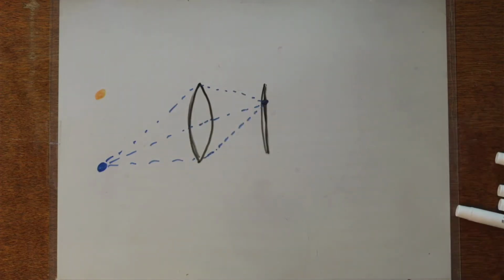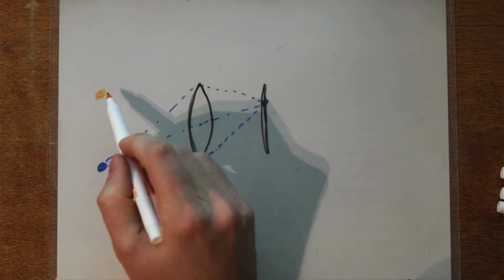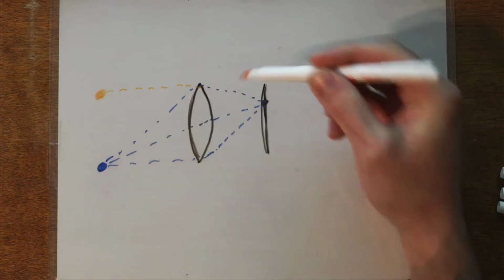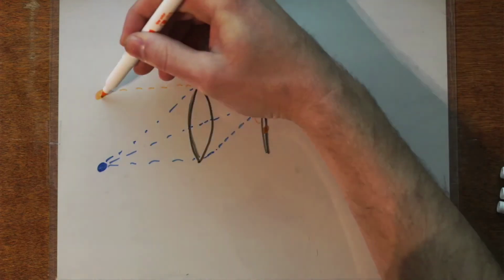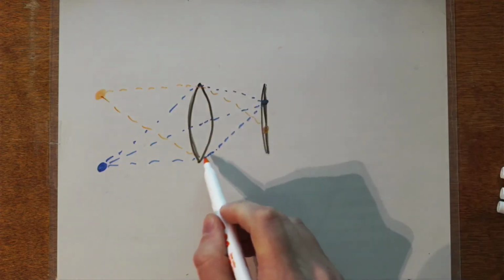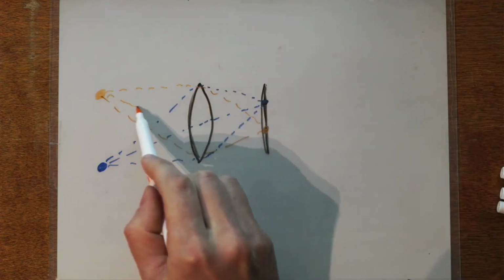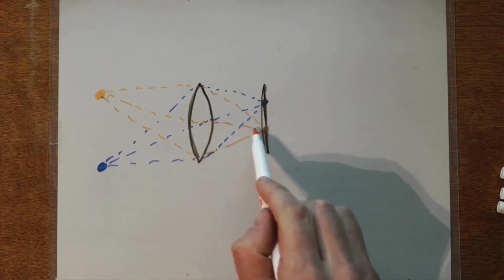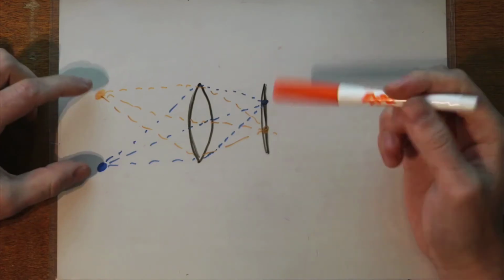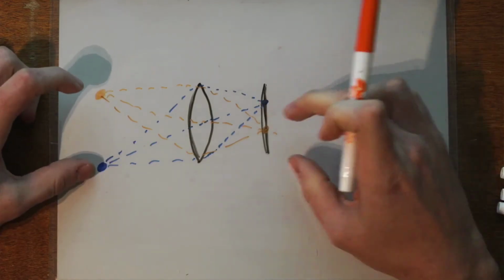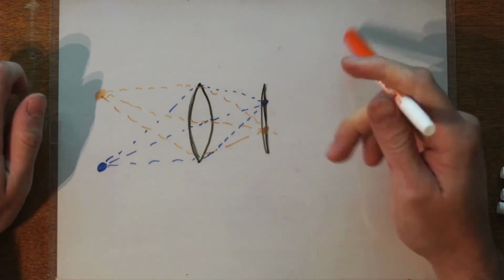Sorry guys, my markers are trying to escape. Orange is going to do the same thing. We have a problem. Orange top, blue bottom, blue top, orange bottom.